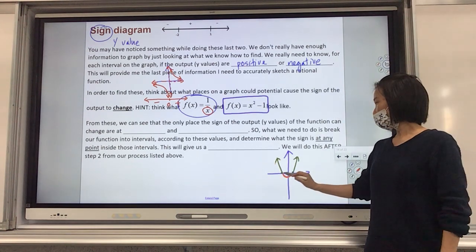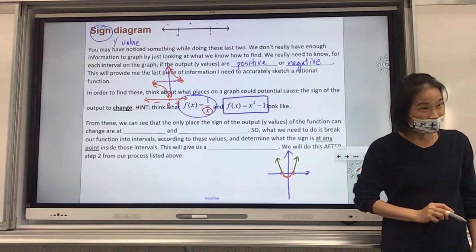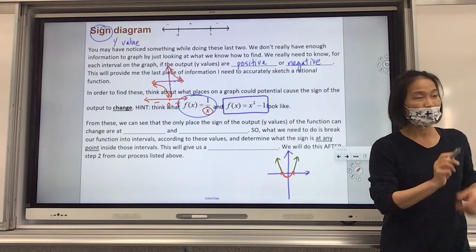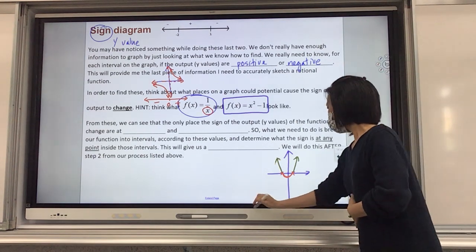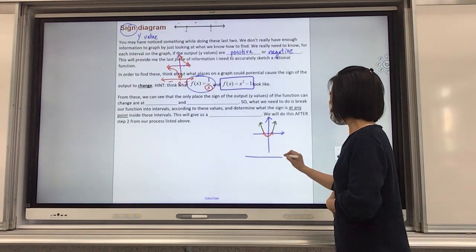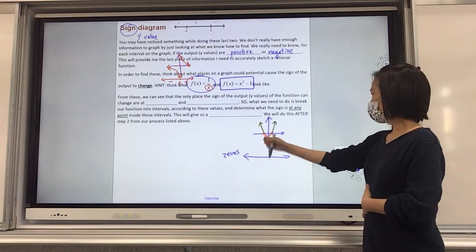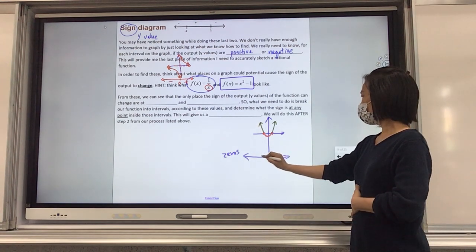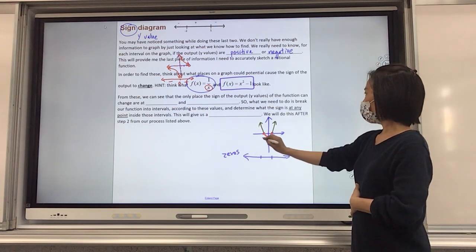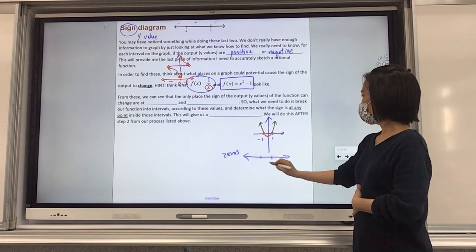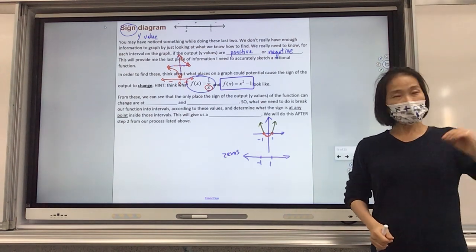So where is the boundary point? What are these two points? The x-intercepts, zeros. So if I can find the zeros of a curve, and then divide my number line, let's say this is 1 and negative 1, I can find a point to test.